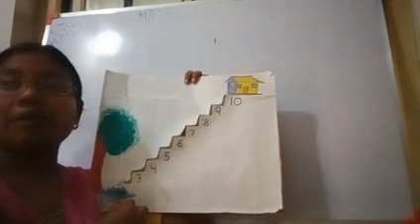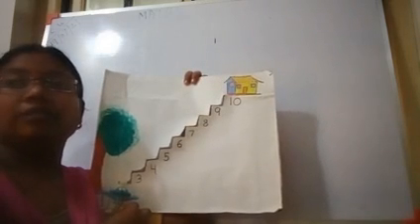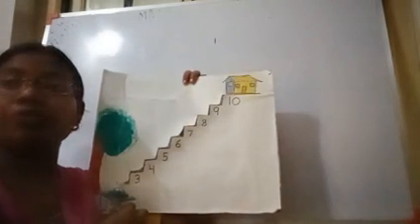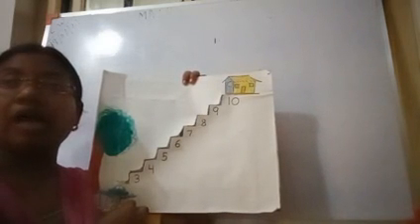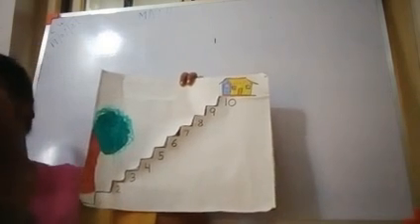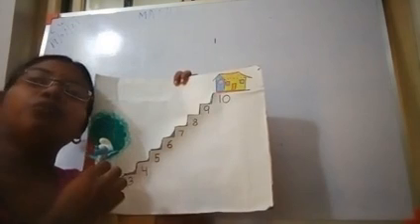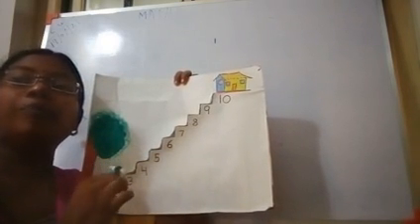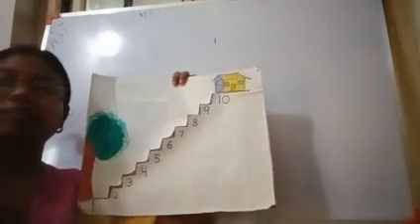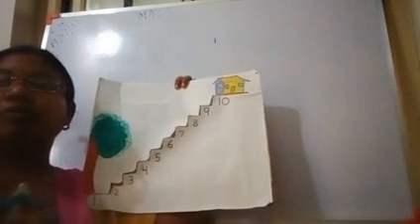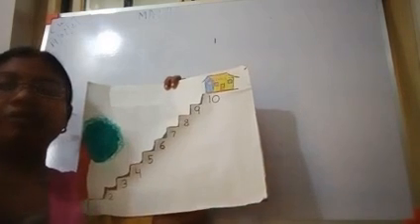Why backward counting? Counting 1, 2, 3, 4, 5, 6, 7, 8, 9 up to 50 is forward counting. Coming back from 50 to 1, it is called backward counting. When we are going, it is forward, and coming back, it is backward.